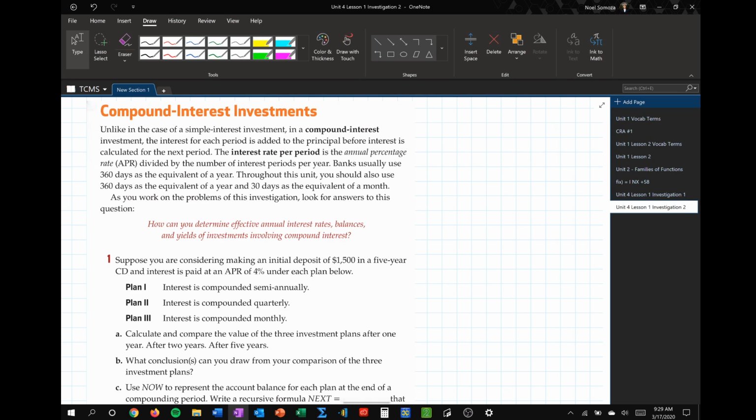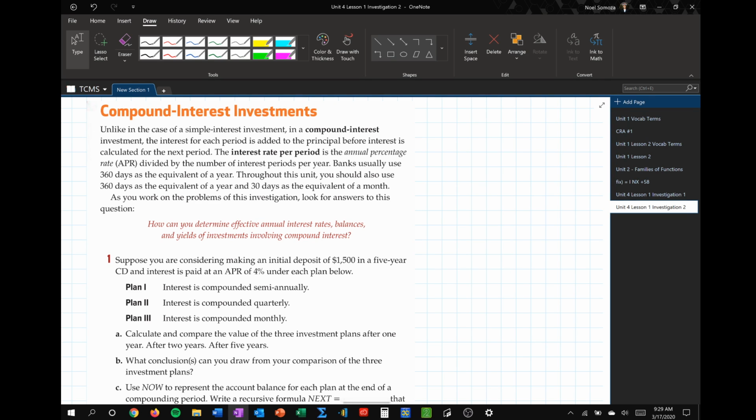You're more likely to get simple interest when you put money in your bank in a savings account, such as a CD account, because they don't pay you as much, and you'll see the difference today after we do a couple problems. However, when they charge you interest, they charge you with compound, because that's how you end up paying interest on top of interest. You'll see how that makes more sense as we go.